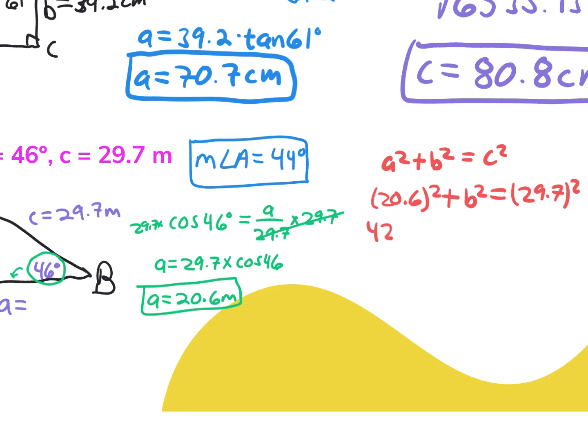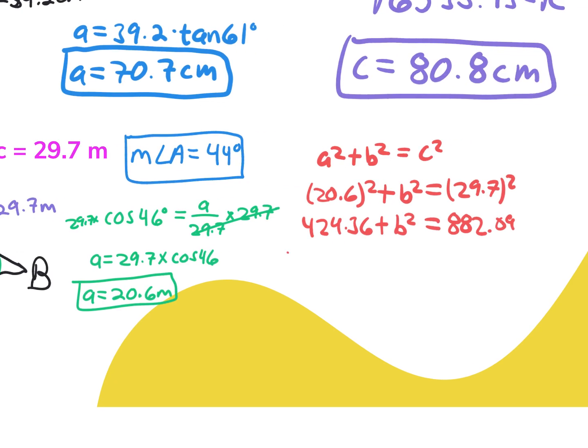This should get us 424.36 plus B squared, and then 29.7 squared should get you 882.09. And then we want to get B by itself, so I'm going to subtract 424.36 on both sides.